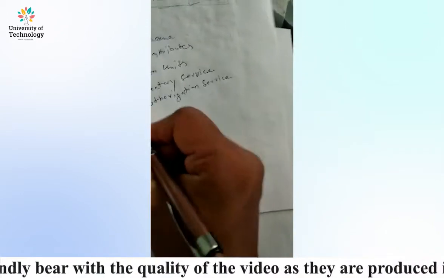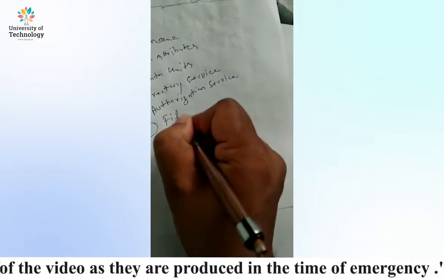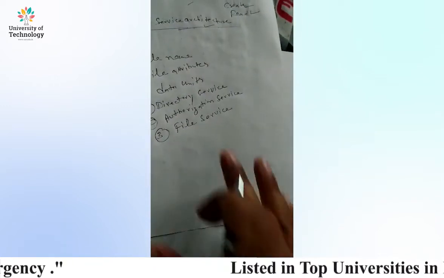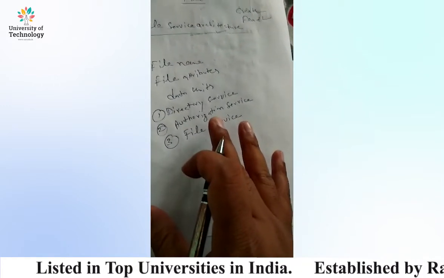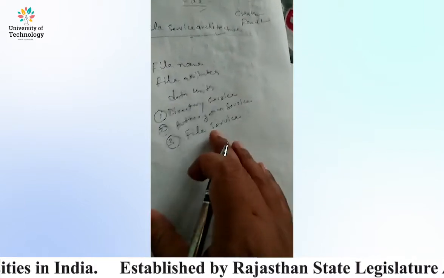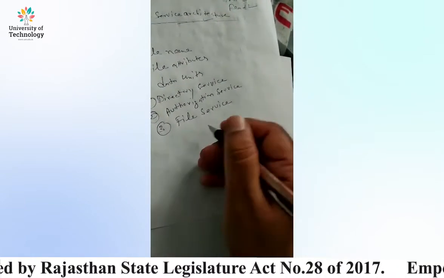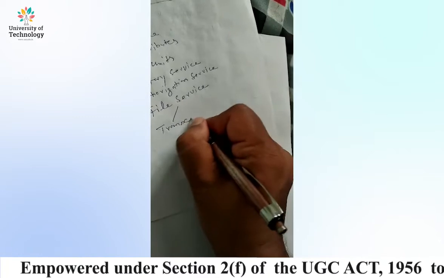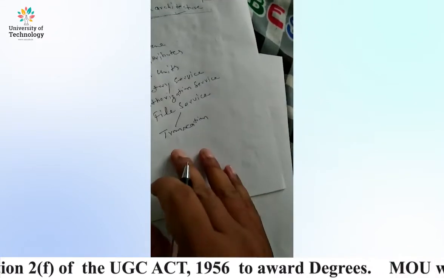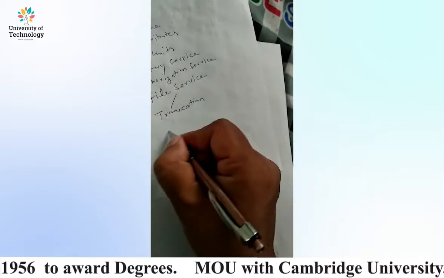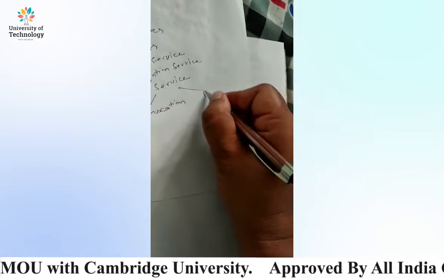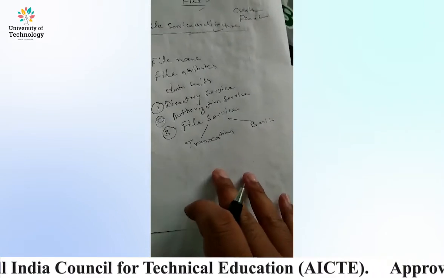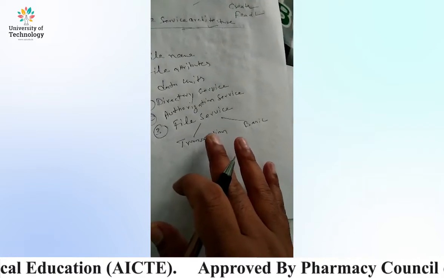Next, file service, which handles concurrency and replication management. It has two parts. First is transaction, and second is basic. In transaction, concurrency and replication management.